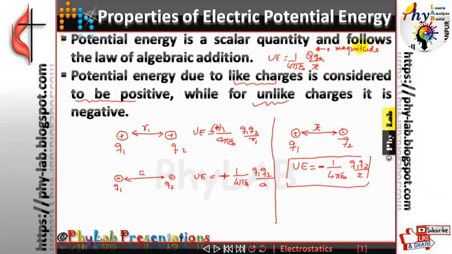That means I am not going to include positive or negative, plus sign or minus sign. X is the distance of separation between the two. So please understand, here they are the magnitudes of the charges, and here this is the distance of separation.